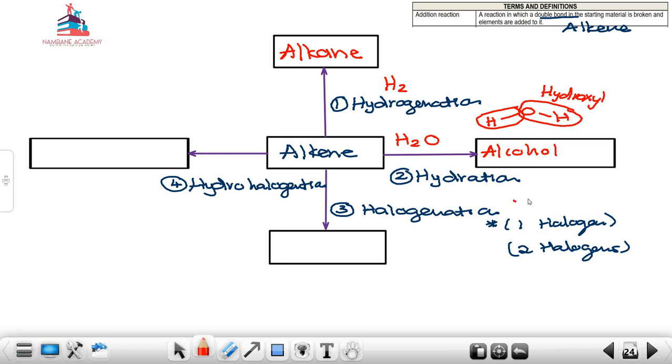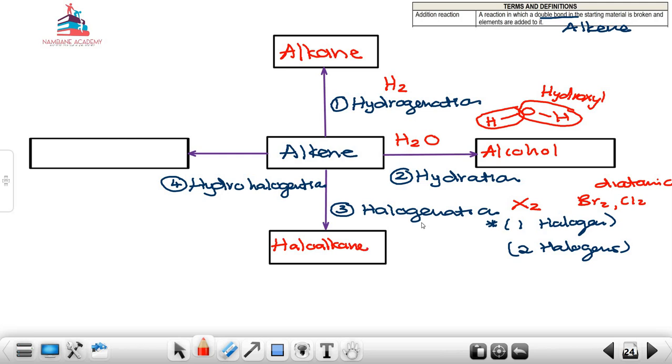Halogenation means we are adding only halogens, and specifically 2 halogens, for example Br2, Cl2, because we know that gases are diatomic. Di means 2, so they do not exist alone. There must be 2 of them. So halogenation would mean that I'm going to form a haloalkane.